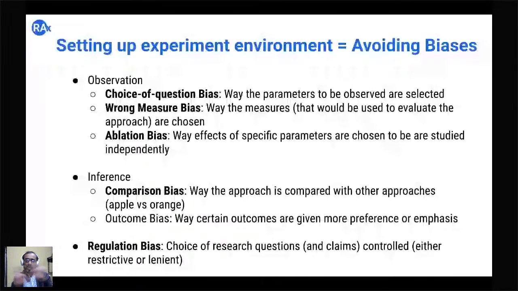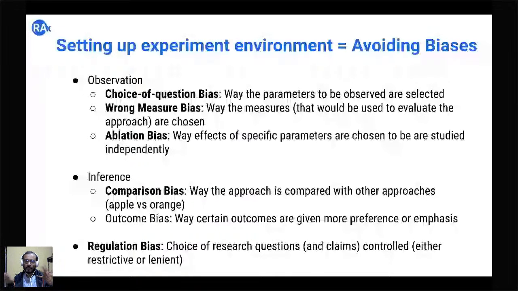So there can be, let's say, 5 different outcomes, 5 different results, 5 different findings, right? And you are intentionally or unintentionally focusing more on one kind of outcome and not focusing on the other kinds of outcomes, or highlighting one kind of outcome more as compared to the other kinds of outcomes.